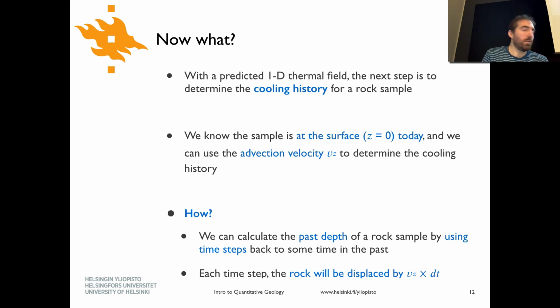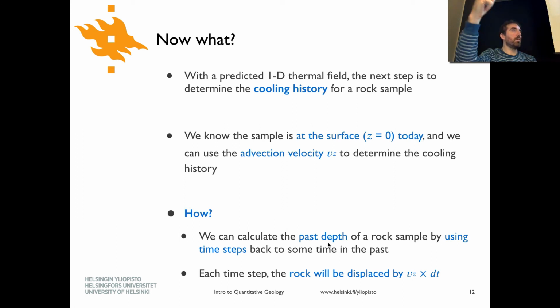And the way in which we can do that is we can figure out, well, if we know the rate of advection, let's say it's a millimeter a year that we're moving rock up toward the Earth's surface because it's being eroded down at that same velocity, we can say, if we go back in time, if it's a millimeter per year, that's 1 kilometer per million years.